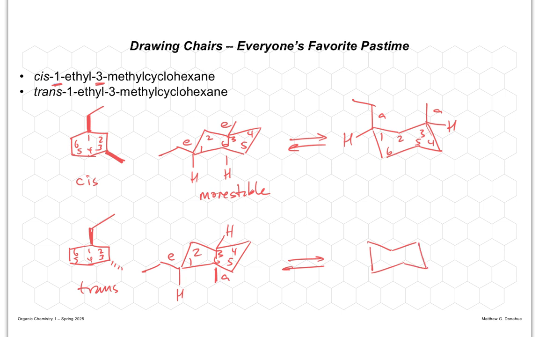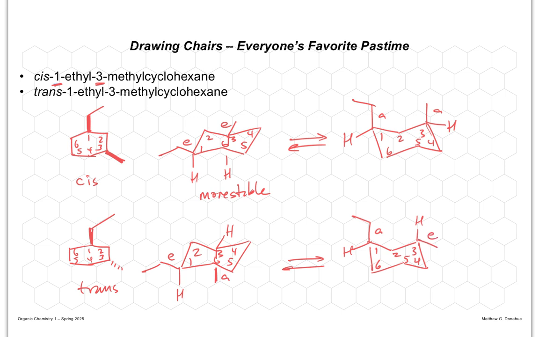So we can ring flip. Again, carbon 1 will go up, carbon 4 will go down. So the ethyl group ends up axial, and the C3 methyl group will end up equatorial.